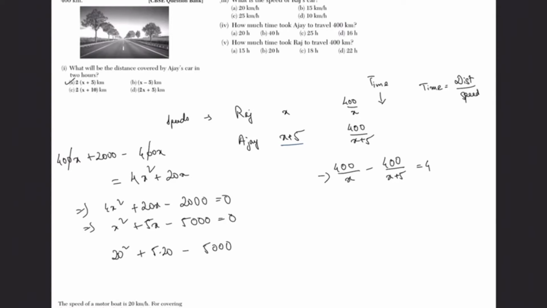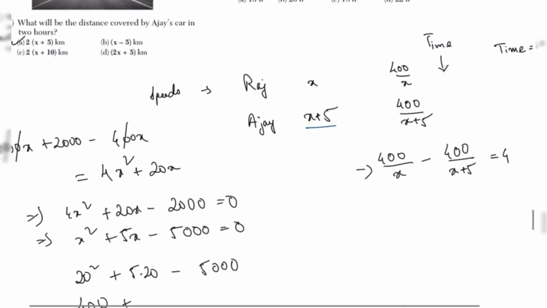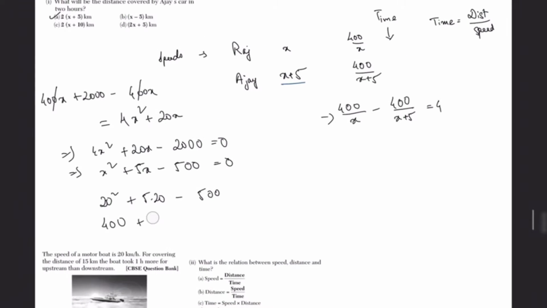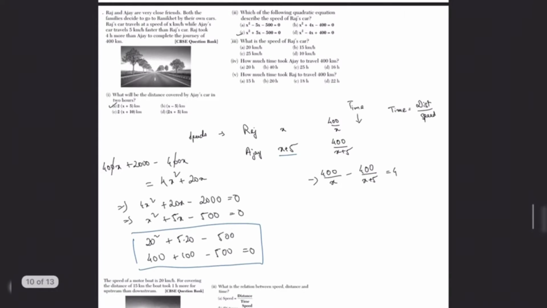Okay. 20 square is 400 plus 100 minus 500, which is clearly 0. Let me just put this in a box. So 20 is indeed the correct option.